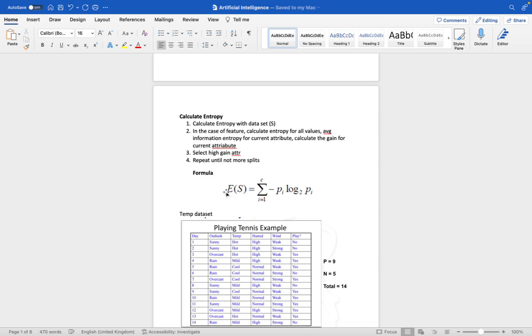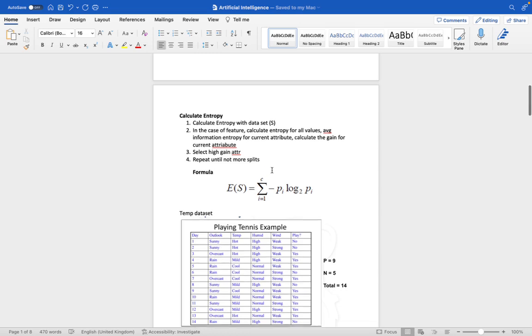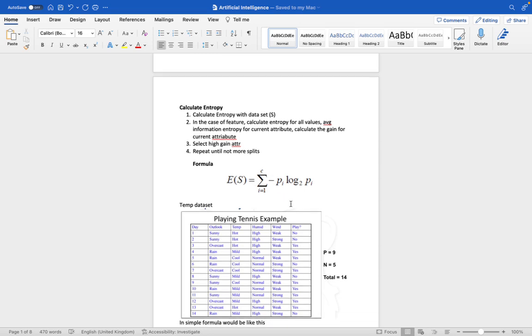So this is just the overview of the algorithm, how entropy works. It calculates the entropy of the whole data set, then the entropy for each value, such as sunny, overcast, and rainy in the outlook, and then selects the highest attribute.